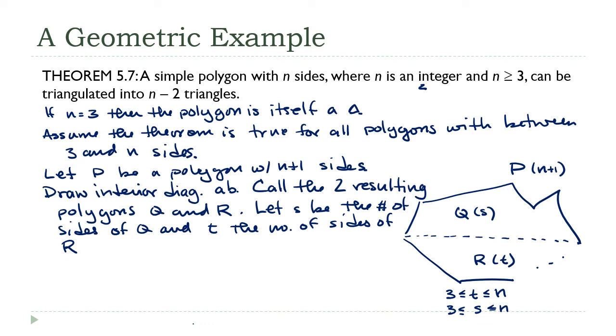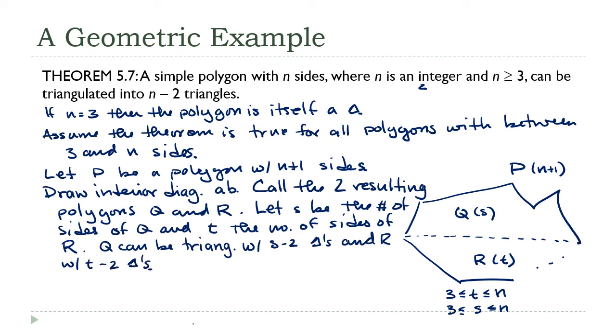Right? Now, we need to look at the number of sides. So, again, applying that inductive hypothesis, Q can be triangulated with S minus 2 triangles and R with T minus 2 triangles.